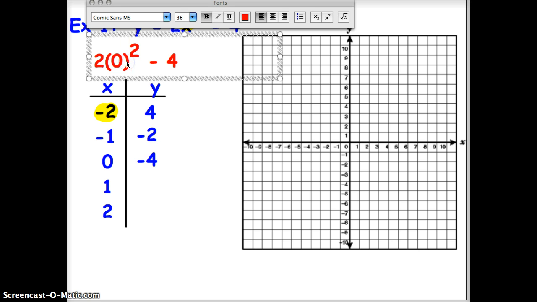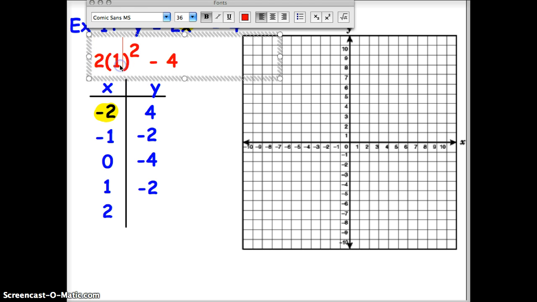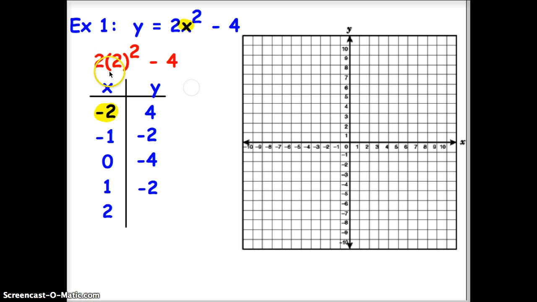If I put in a +1, 1 squared is 1. 2 times 1 is 2. 2 minus 4 is -2. Then lastly, putting in a positive 2, 2 squared is 4. 4 times 2 is 8. 8 minus 4 is 4.